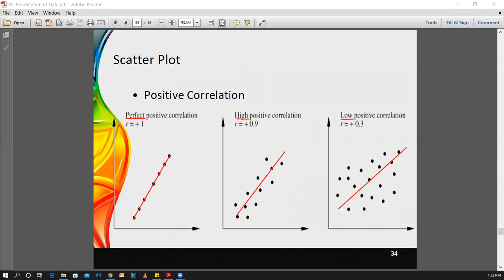Still, you can say that there is a positive relationship since the line is in the upward direction. This is the speciality of this scatter plot: you can easily identify the relationship and the type of the relationship once you obtain the scatter plot.